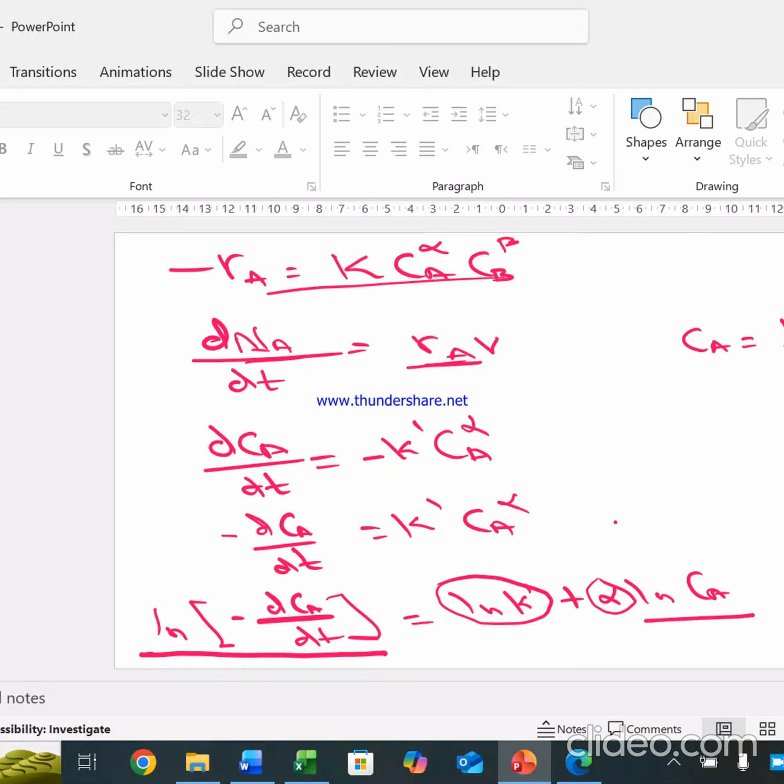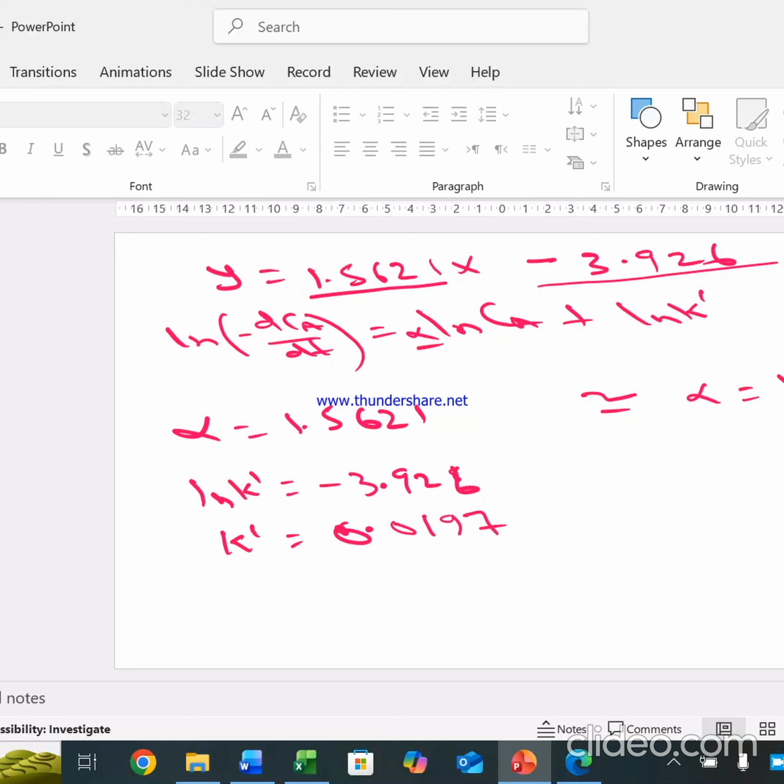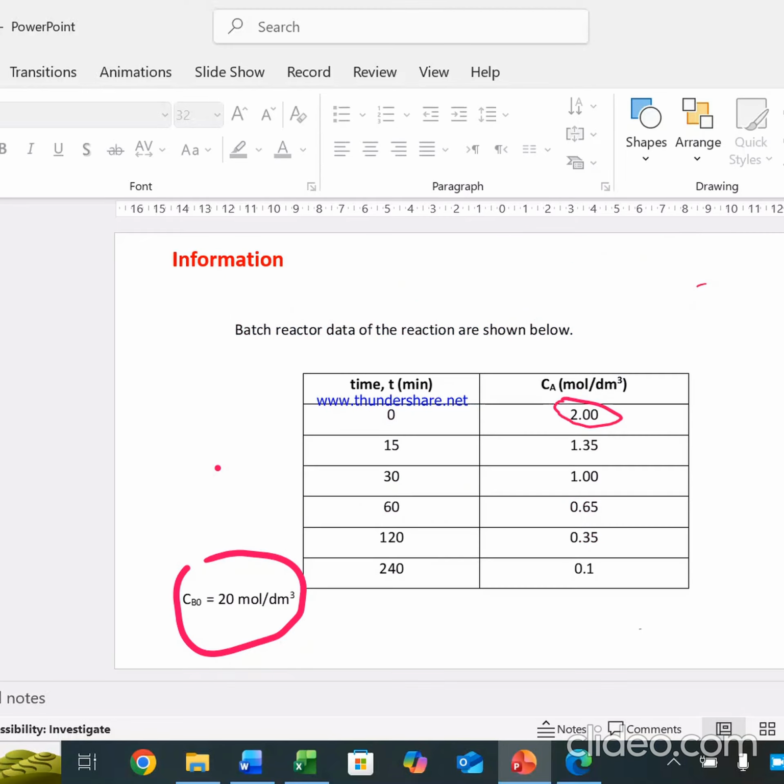So our K prime equals KA CB. So our CB has been put at first order. That means this is equal to KA CB. Our CB is not changing. You remember it's equal to CB naught, which is this 20.